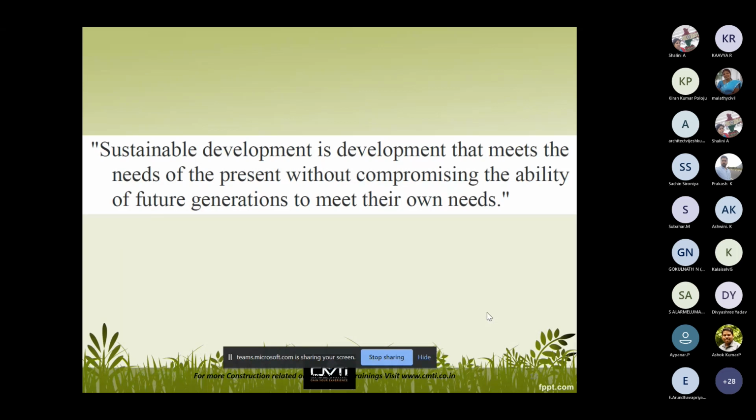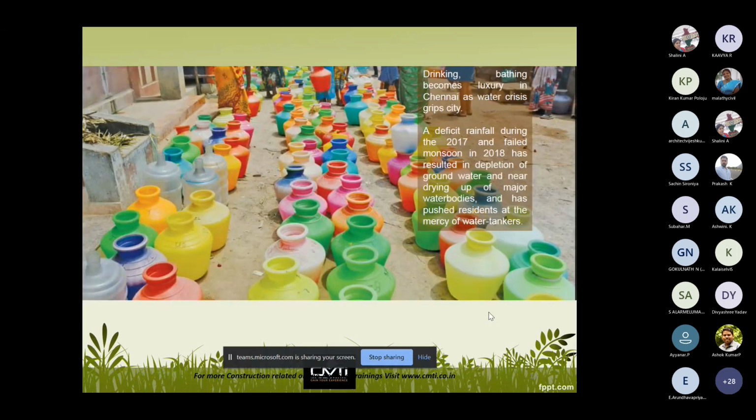Some of the pictures will show you the seriousness. If you take any city in the summer, they have the issue of water scarcity, and during the rainy season, within 1 or 2 rains itself, it is getting flooded, and trains are getting choked and roads are getting affected.